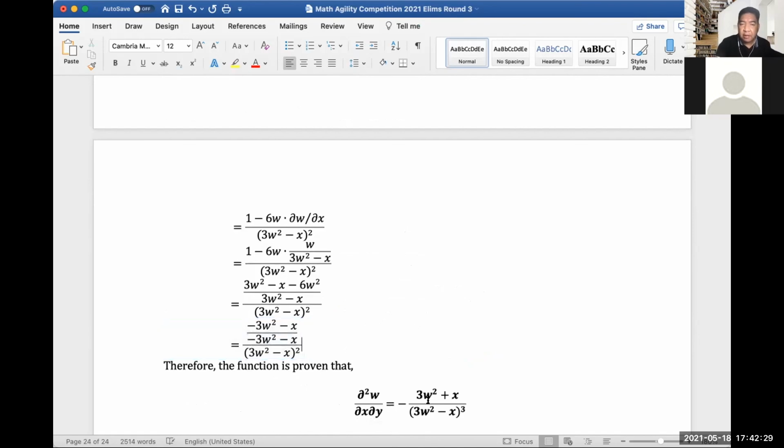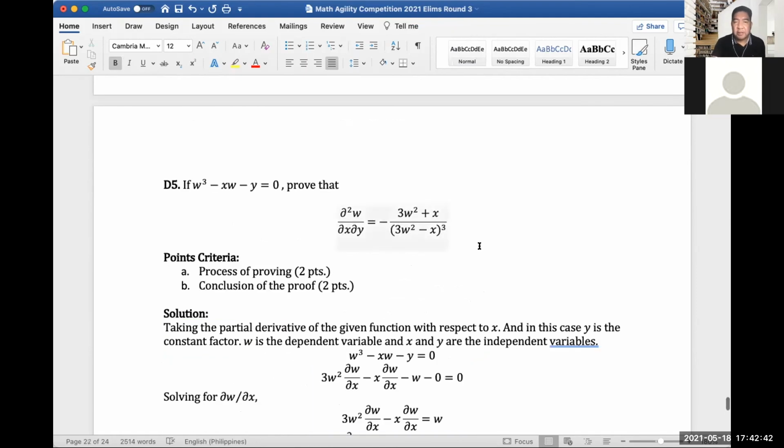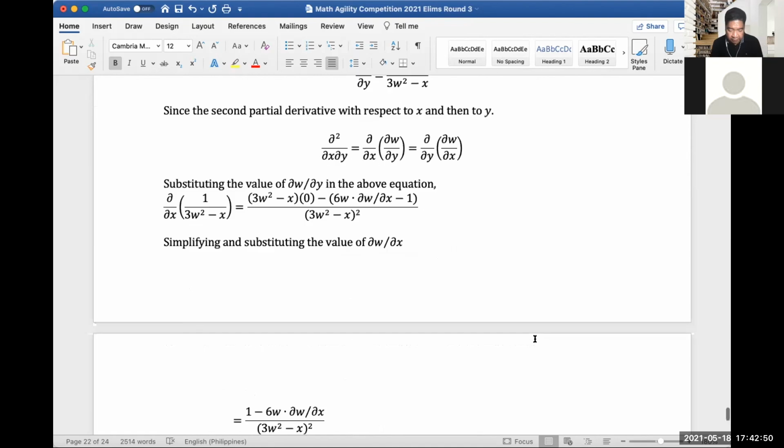So I factored out the negative. Correctly, let's put parentheses here, and that would give you the same thing we want to prove, which is this here. So the negative means it's the entire fraction, right? Not just for 3w squared. Okay, so we've finished D5.